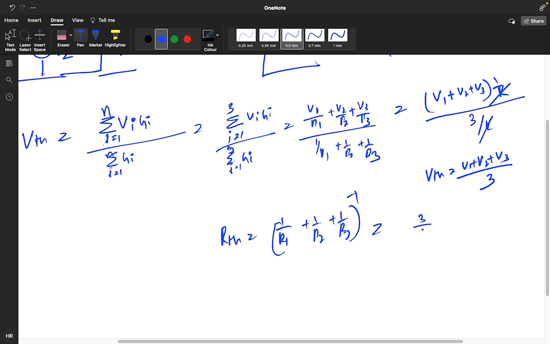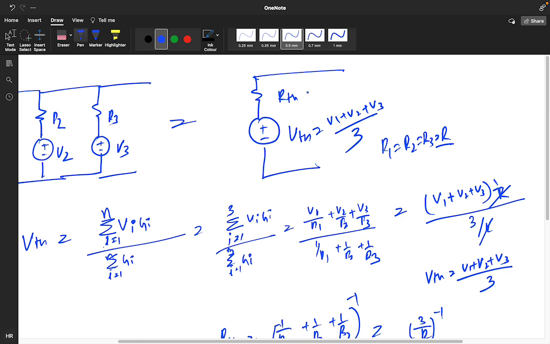So this is 3 by R inverse, so it is R by 3.